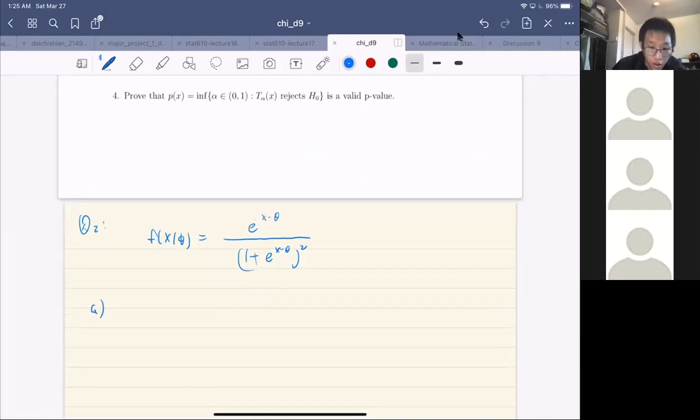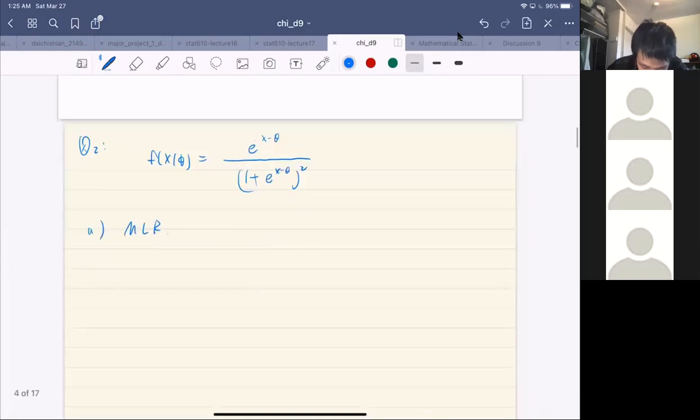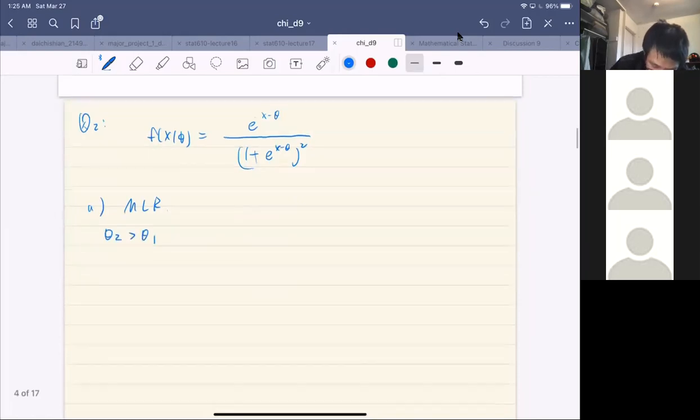The first part is to check the monotone likelihood ratio. Let's say theta 2 is greater than theta 1.